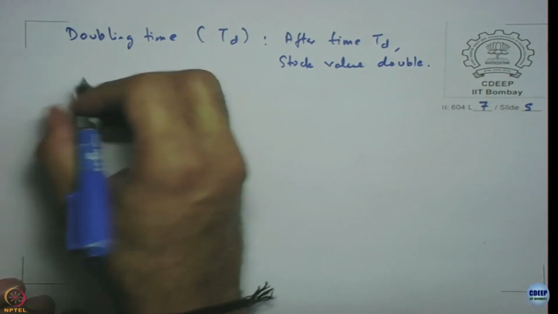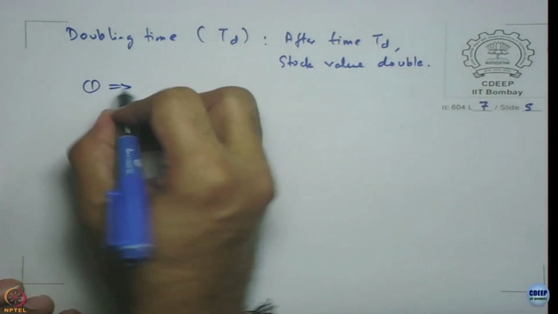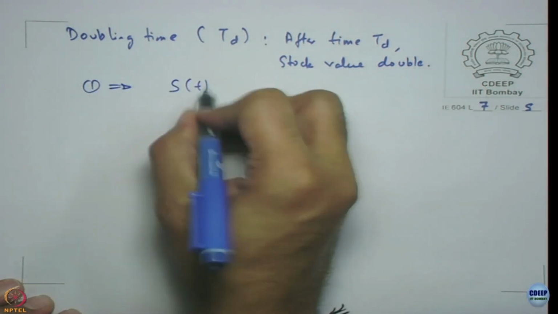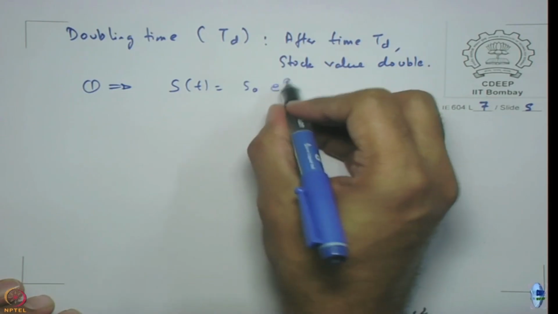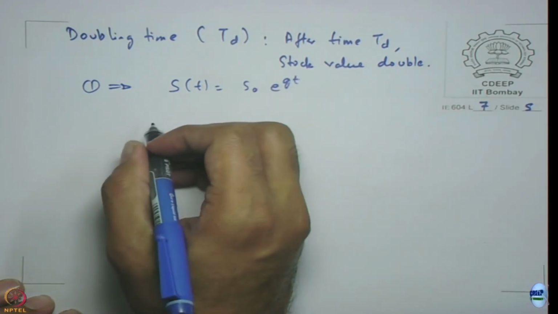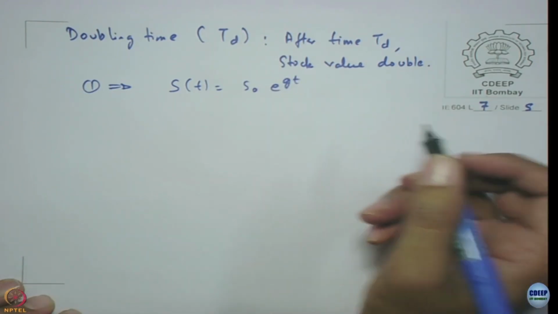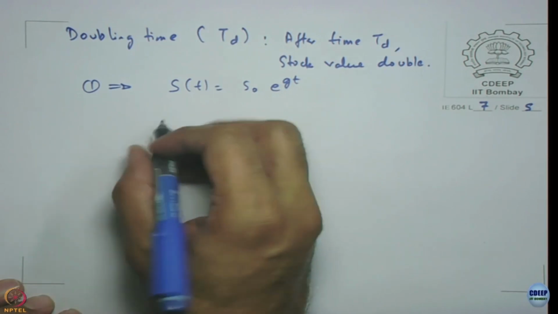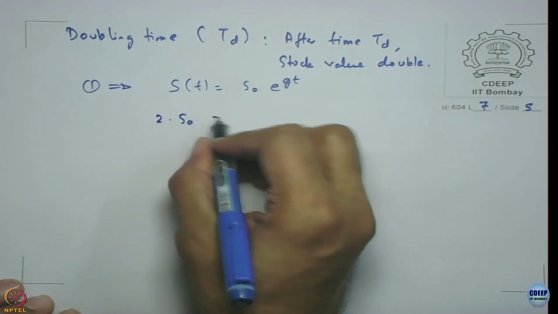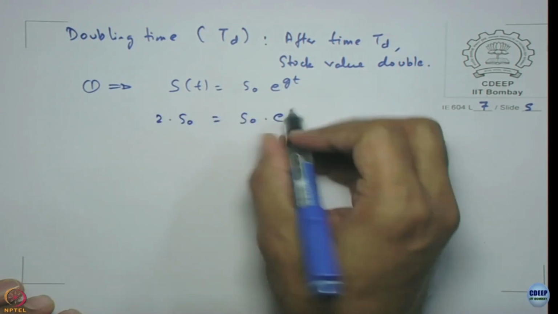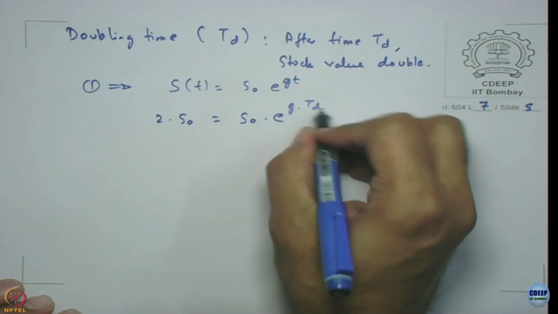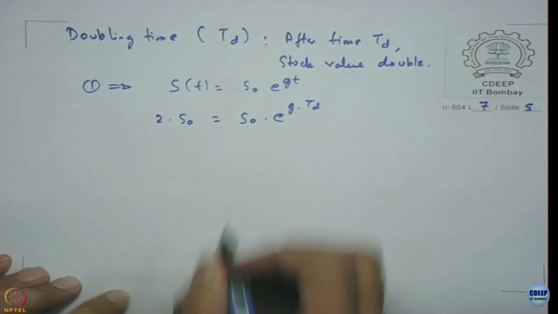Let us see. Equation 1 states that S at time t is S naught into e power gt. So I know the stock value doubles. So let us say 2 into S naught is equal to S naught into e power g times Td.